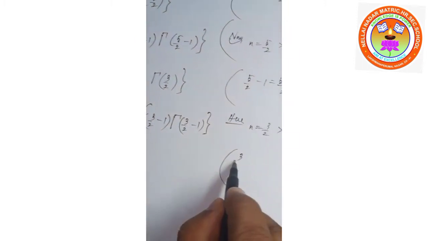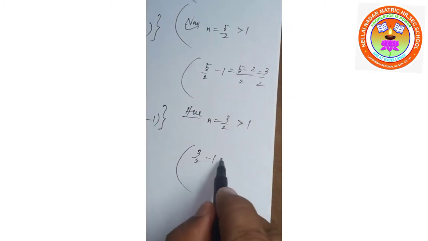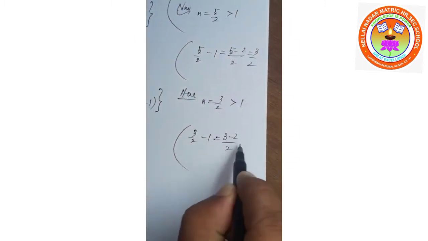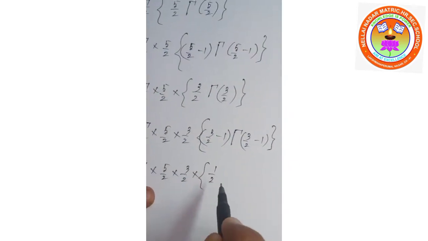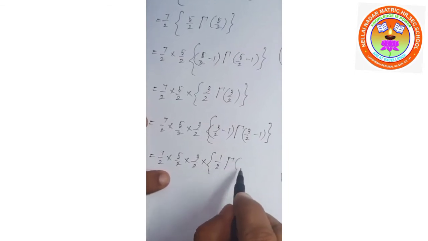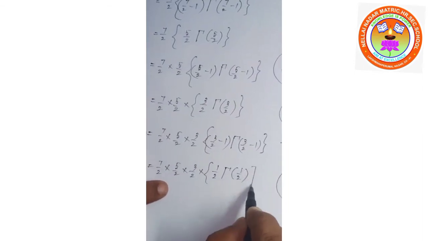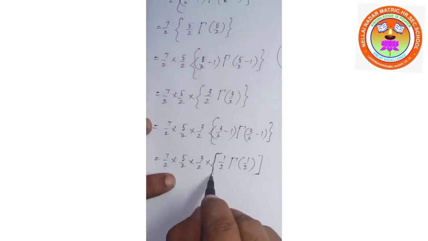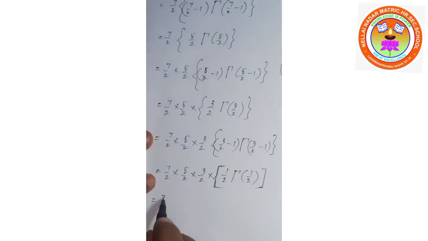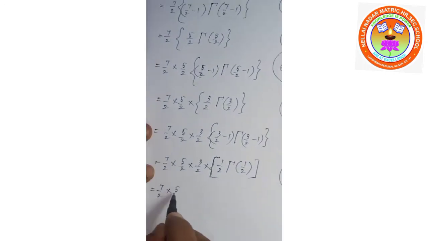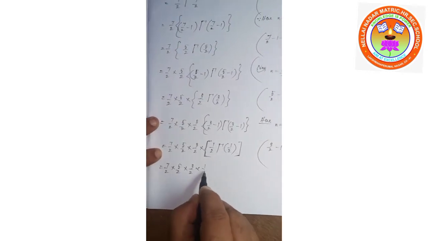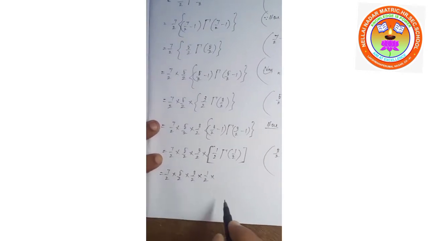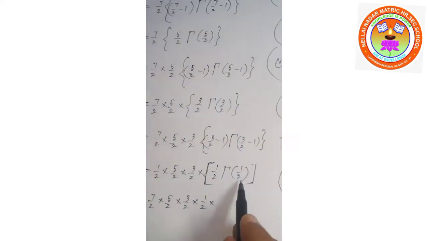Then 3 by 2 minus 1 you have to simplify, that is 3 minus 2 by 2 equals 1 by 2. So inside the brackets you have to write half gamma of half, equals 7 by 2, 5 by 2, 3 by 2 into 1 by 2 into gamma of half.